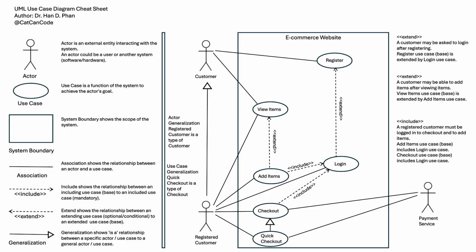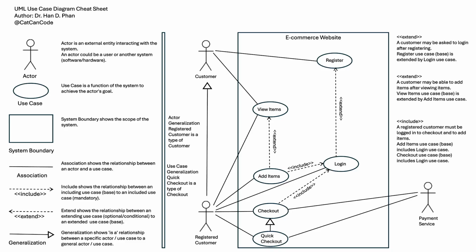This indicates that the add items and the checkout items require the login use case to be executed so that they can complete their actions. The login use case is mandatory and it is included in the add items and checkout use cases.